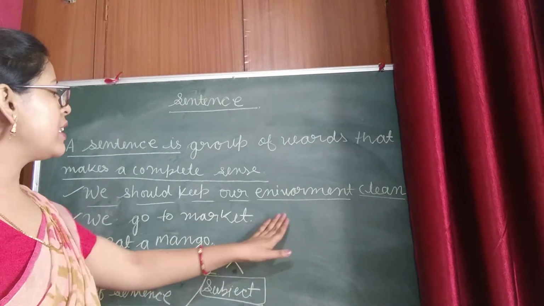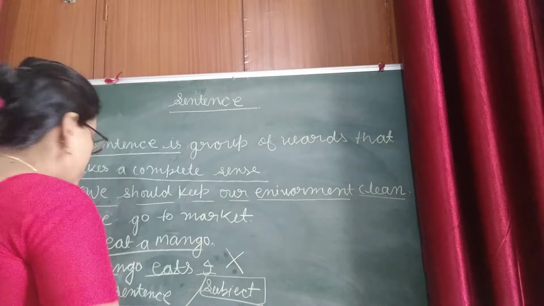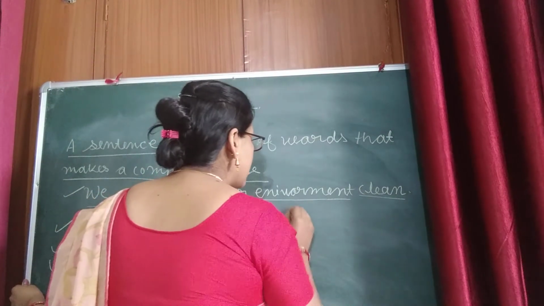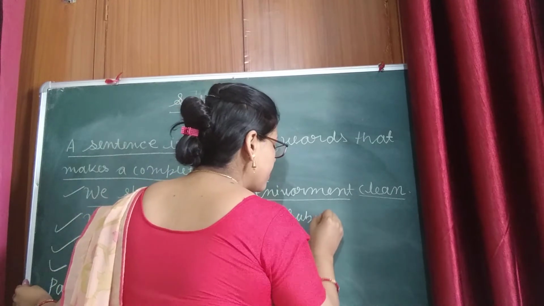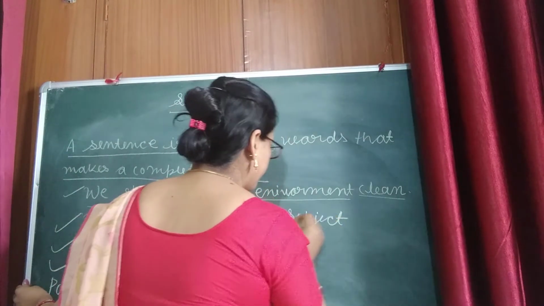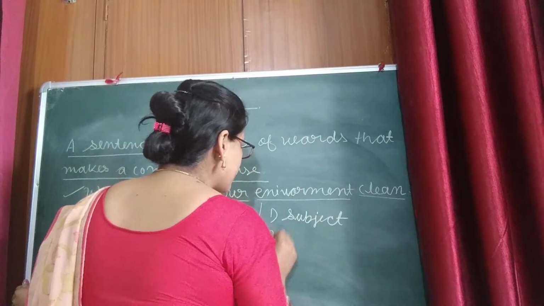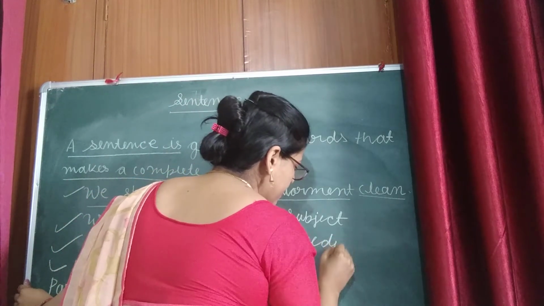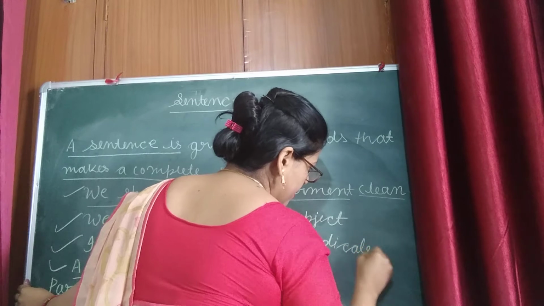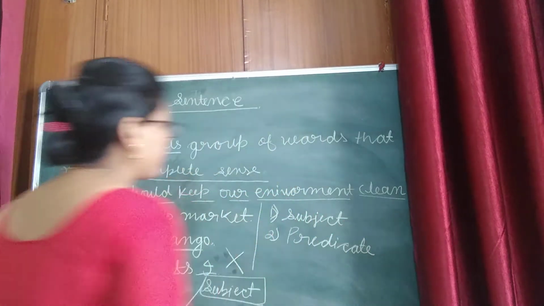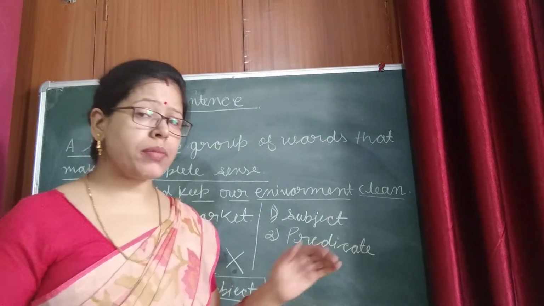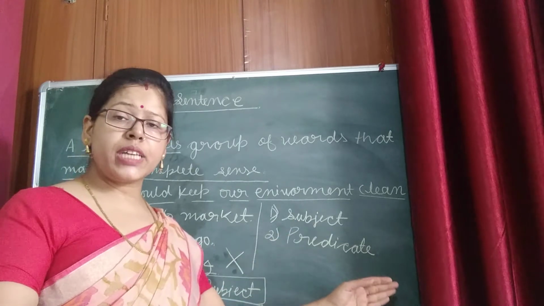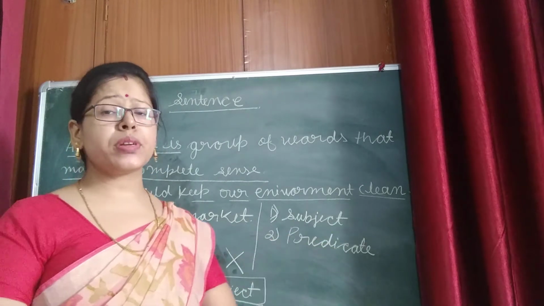So let me write it above because you are not able to see here. The first one is subject and the second one is predicate. One by one, we shall understand what is the meaning of subject and what is the meaning of predicate.